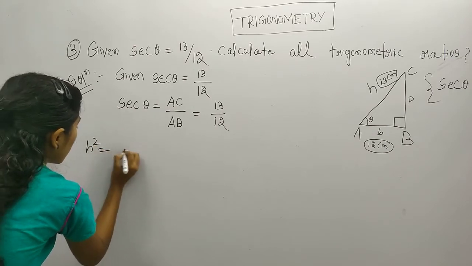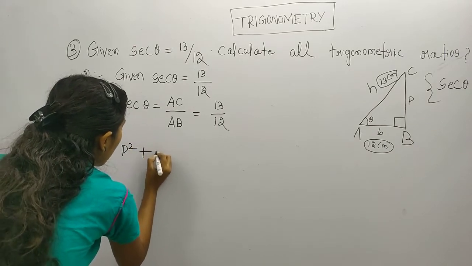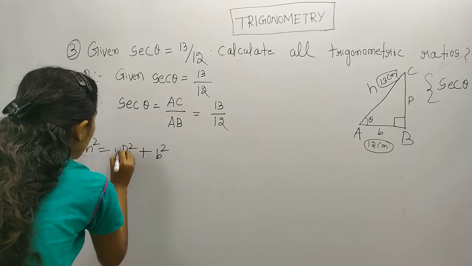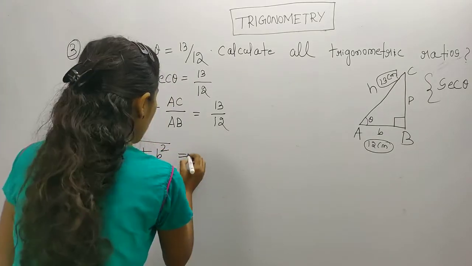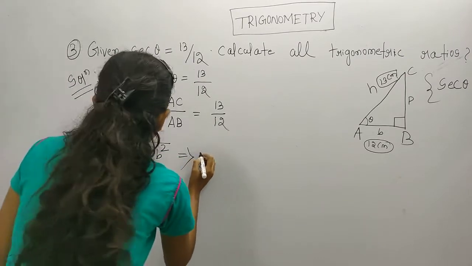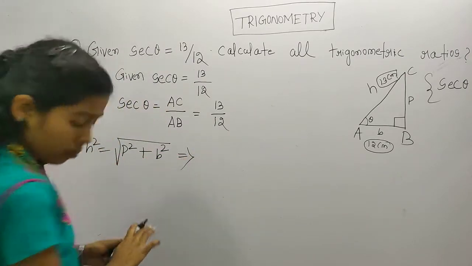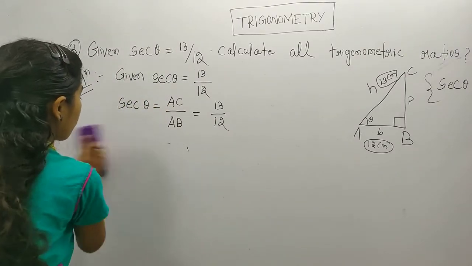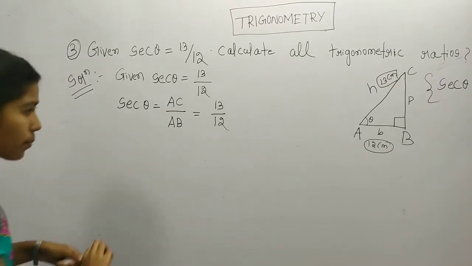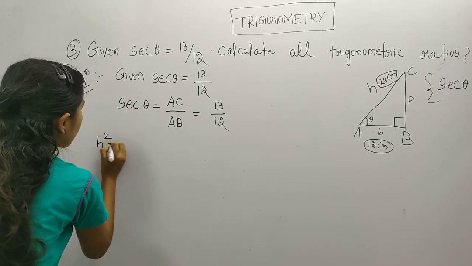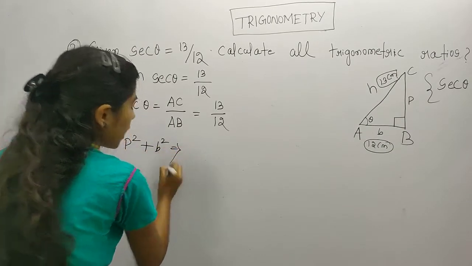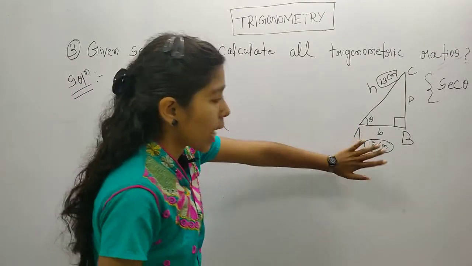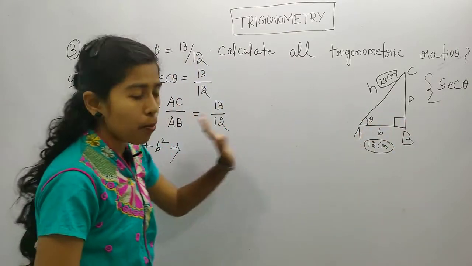H square equals P square plus B square. Here perpendicular is missing. Next we have hypotenuse and base, so we have to find perpendicular.